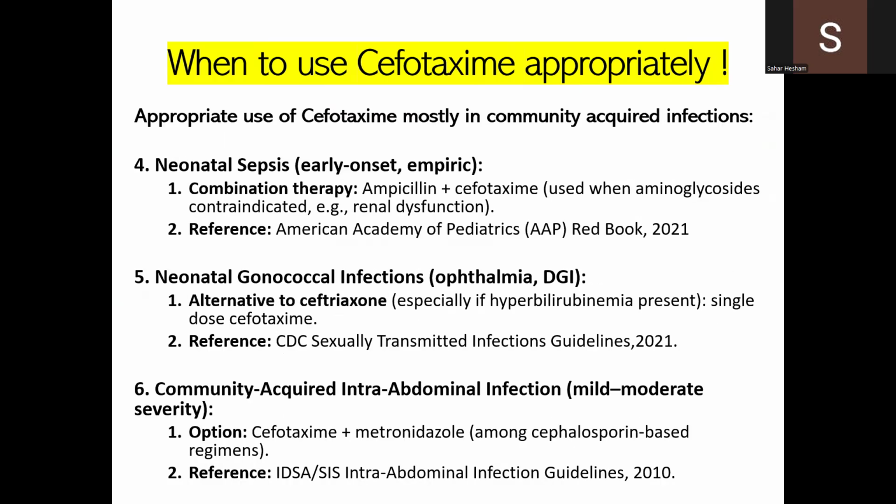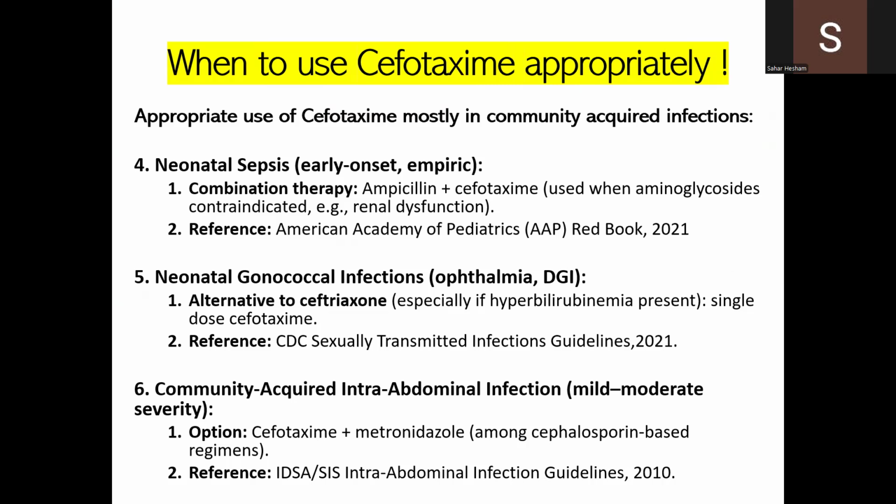There are other recommended uses for cefotaxime in other community-acquired infections, like neonatal sepsis, especially the early onset, where the neonate acquires the infection from his mother, and they use combination therapy with ampicillin and cefotaxime, or we can use ampicillin with an aminoglycoside depending on the risk factors and the availability of the agents.